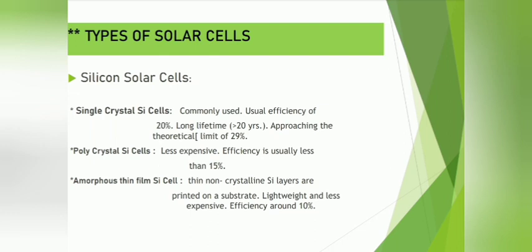Polycrystalline silicon cells are less expensive, with efficiency usually less than 15%. Amorphous thin film silicon cells are thin non-crystalline silicon layers printed on a substrate, lightweight and less expensive, with efficiency around 10%.